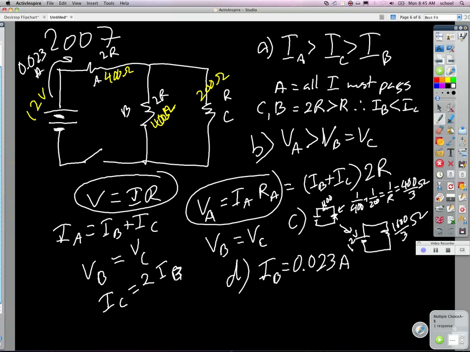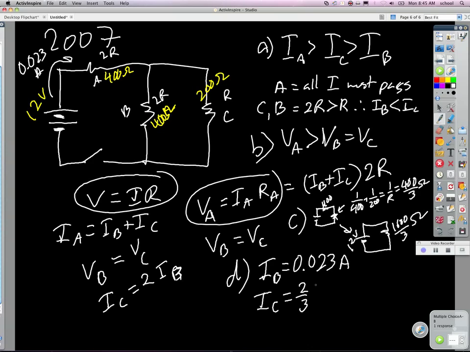Because remember over here we said IA is equal to IB plus IC. So IC is equal to 2/3 of IA, which is 0.0 what? 0.015. Oh yeah, I did the 1/3.